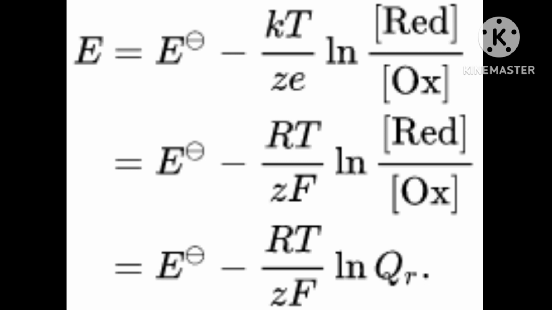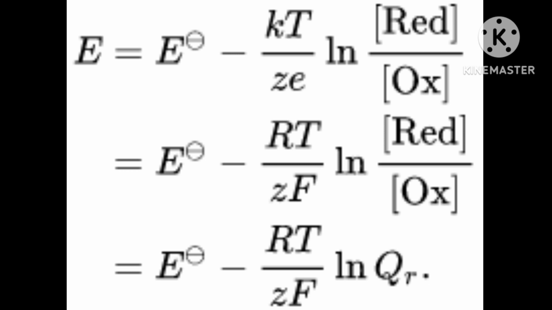In the place of Q, you write [C] power c into [D] power d, divided by [A] power a into [B] power b.